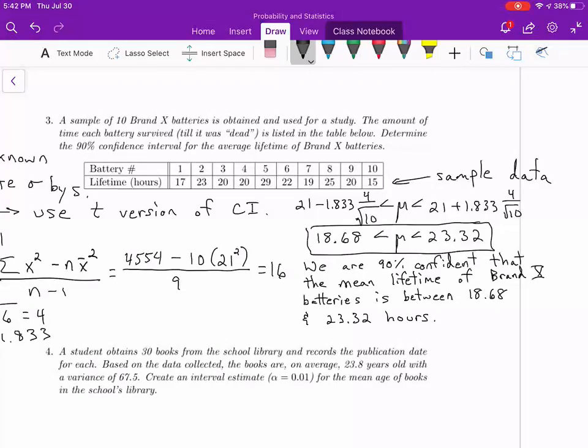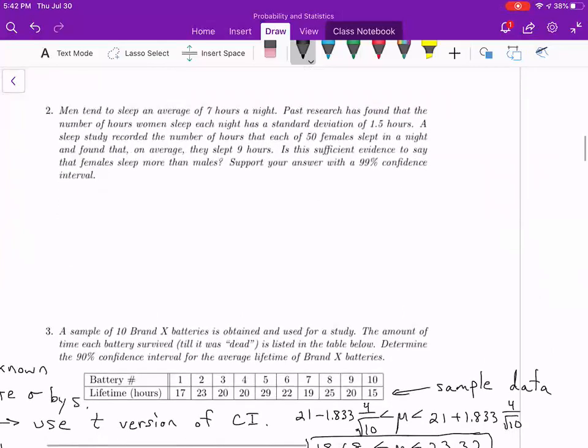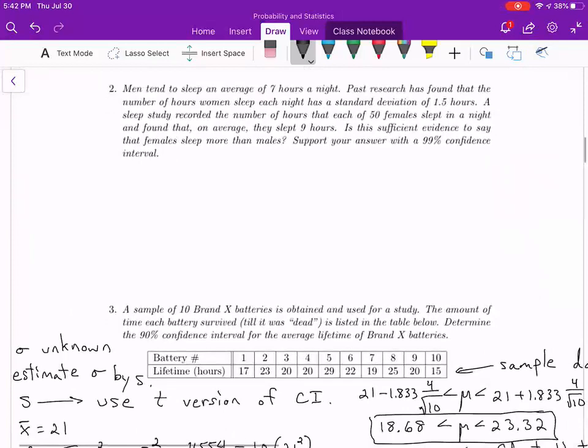Now let's go back and take a look at number 2. Number 2 says men tend to sleep an average of 7 hours a night. Past research has found that the number of hours women sleep each night has a standard deviation of 1.5 hours.